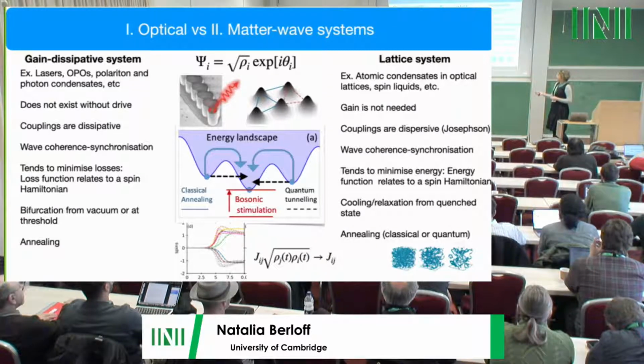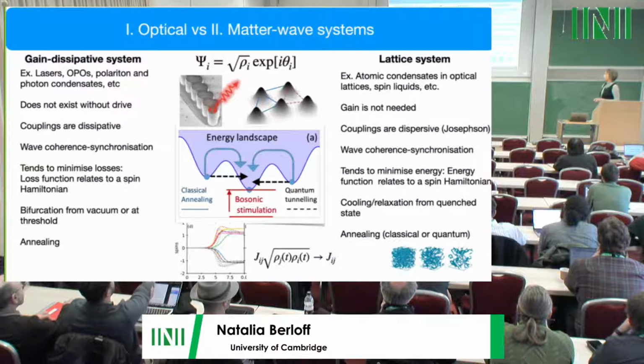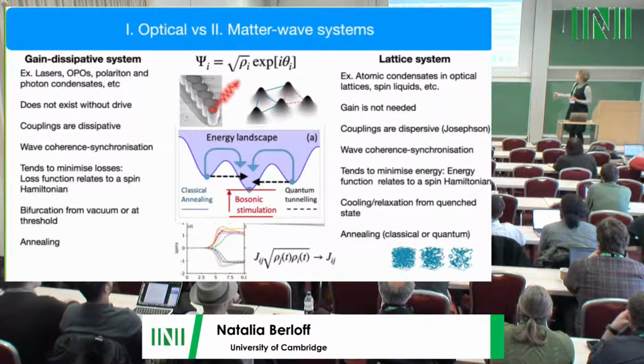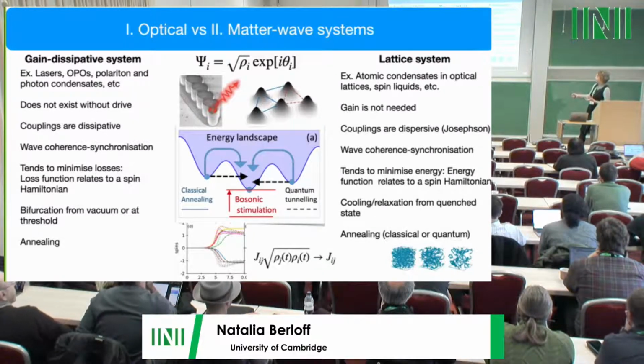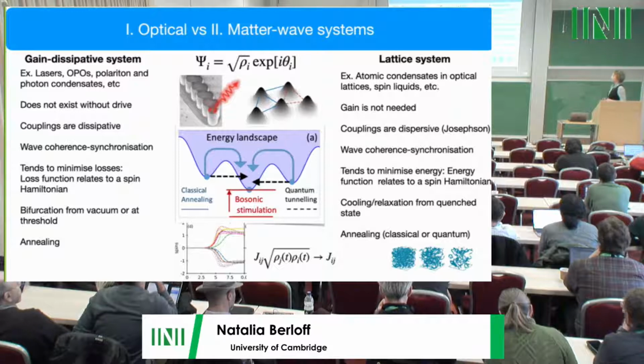For this system, another characteristic is that you have bifurcation from vacuum or from the threshold. So the typical situation is that you don't have any well-defined spins until the gain exceeds some critical value. Then you have the Hopf bifurcation, and then you can associate the phases 0 and pi with the solution of the problem.